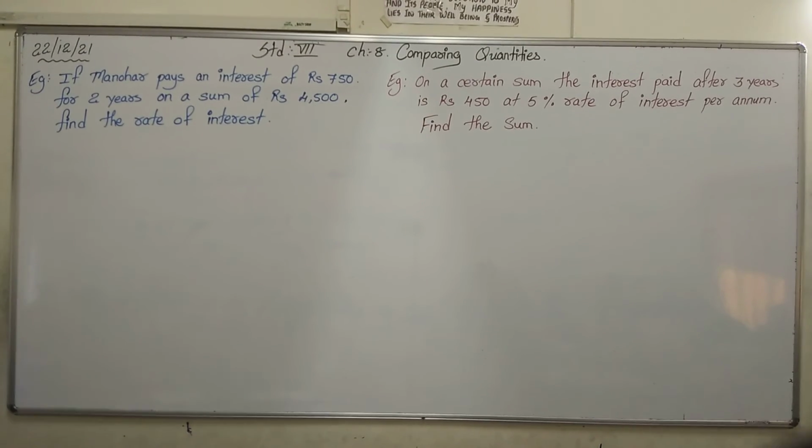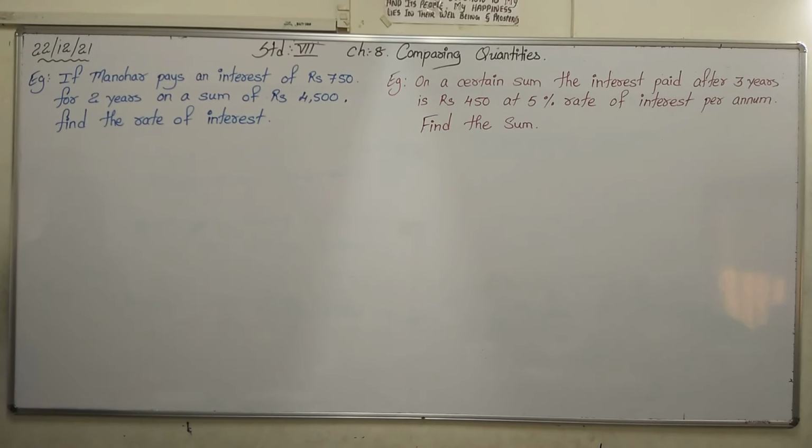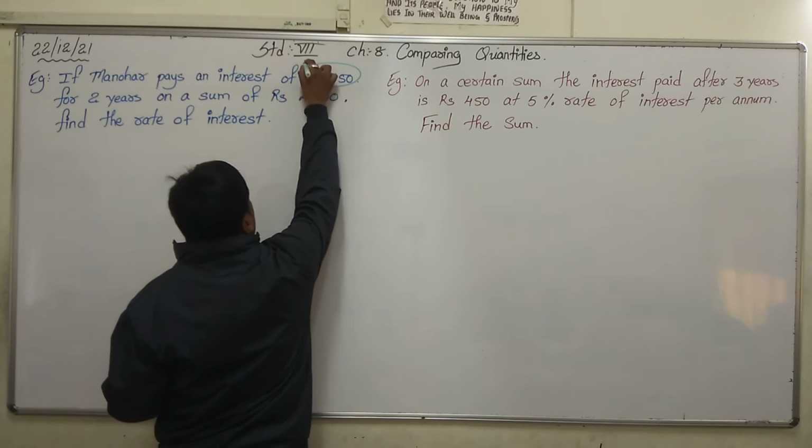Next one. If Manoj pays an interest of rupees 750, what does he pay? Interest. How much interest does he pay? 750. So this is your interest given to you.